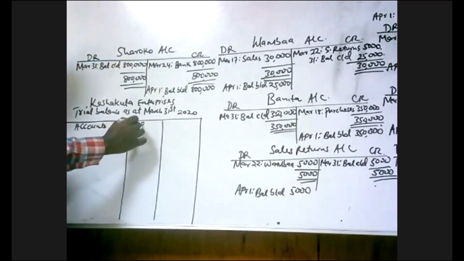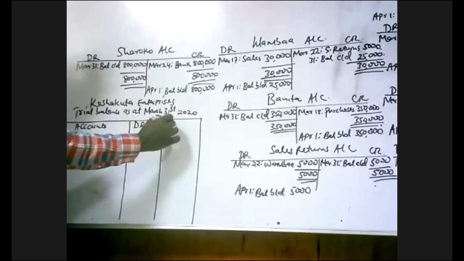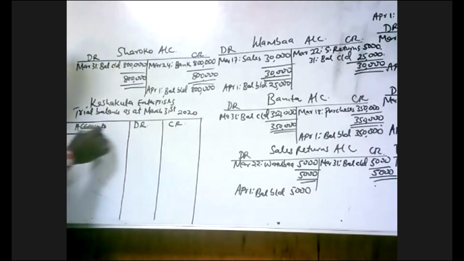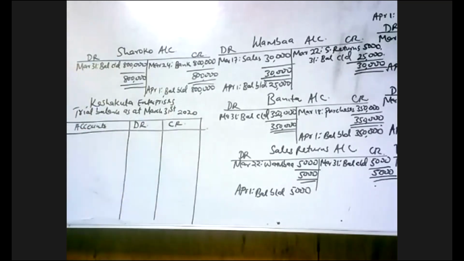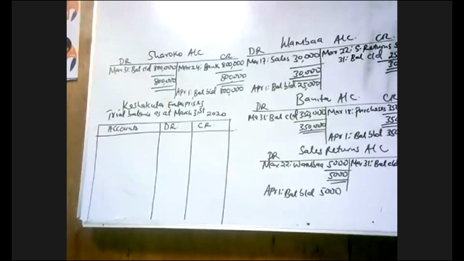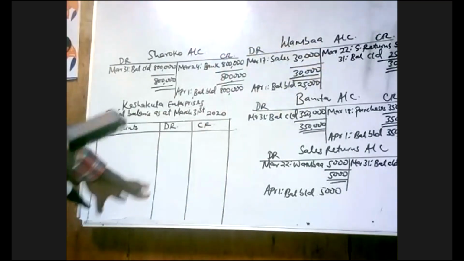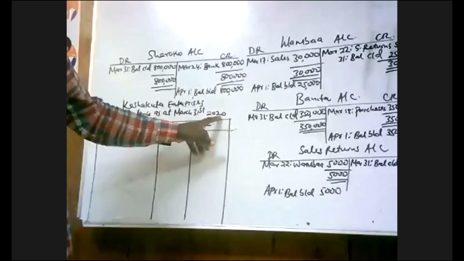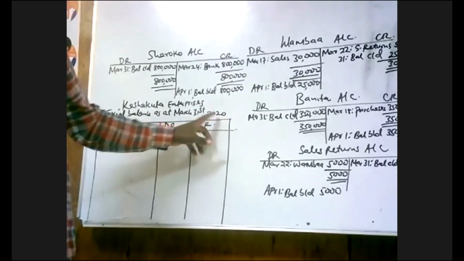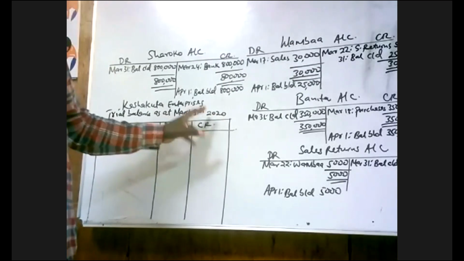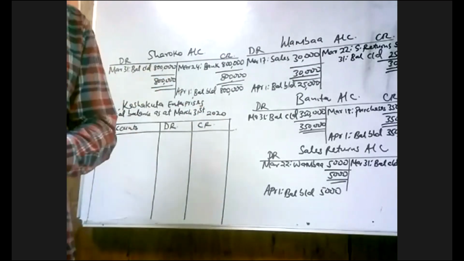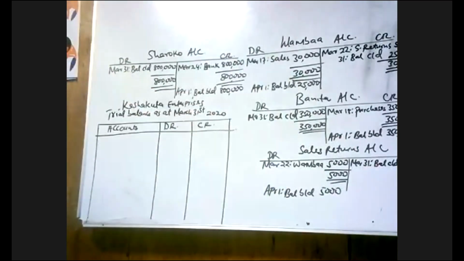Then we shall record the debit balances. We shall also record the credit balances. We don't put the date in the account column, Mwalimu. All the dates are 31st. When we had our balance carried down, all our balances carried down are dated 31st March.